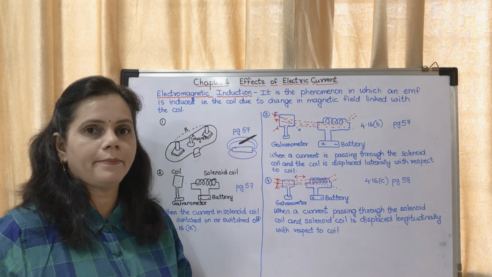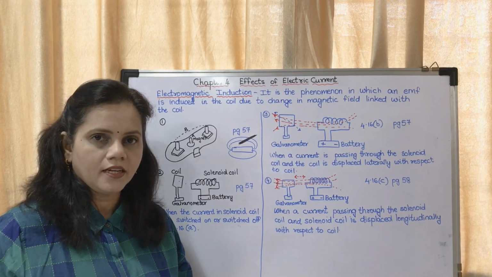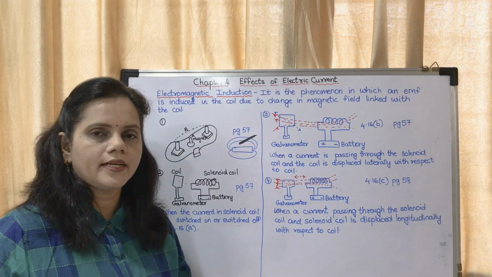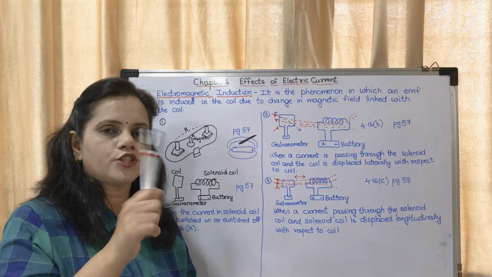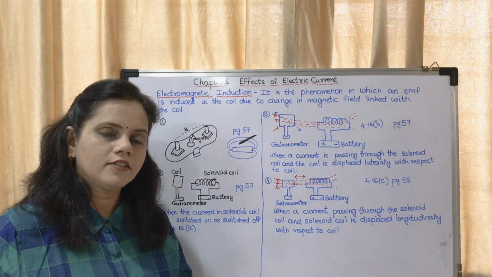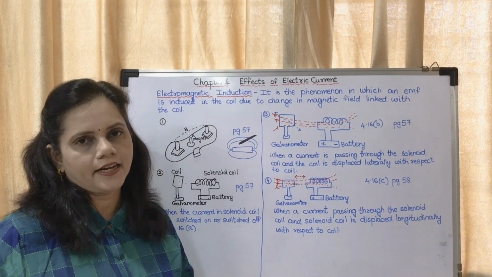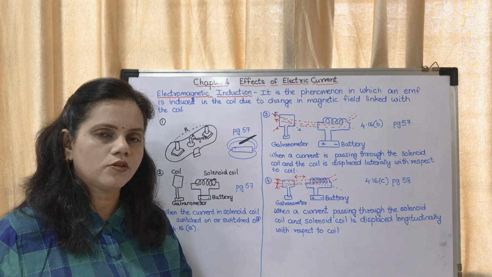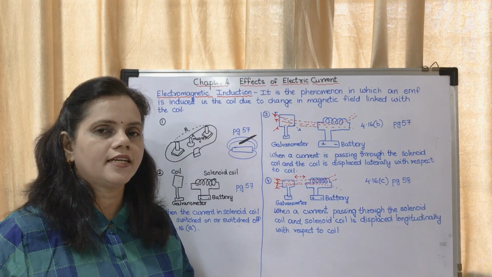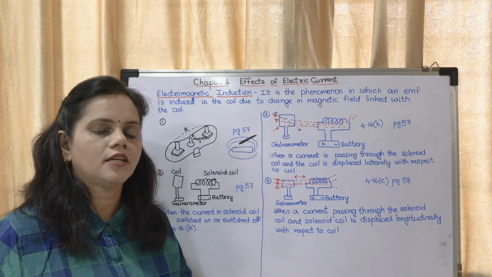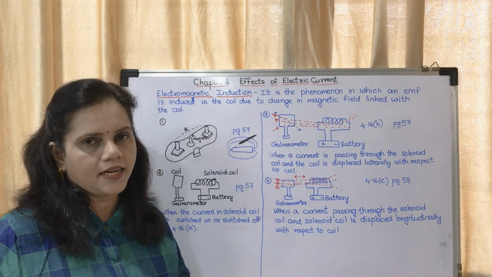Something has happened, so they will start moving through the galvanometer, and the galvanometer will show deflection. The galvanometer shows deflection means there is current.